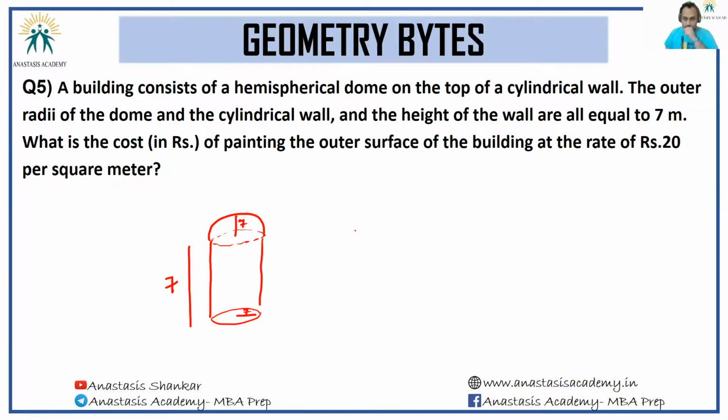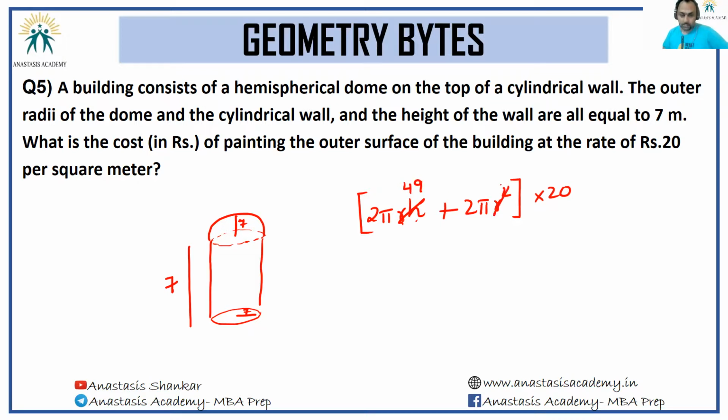So the thing is, we need surface area. For the cylinder, the external surface area will be given by 2 pi RH, and for the dome, it will be given by 2 pi r square. This is the total surface area, and this has to be multiplied by 20. Now, good thing is because R and H are both 7, I can happily replace this by 49.